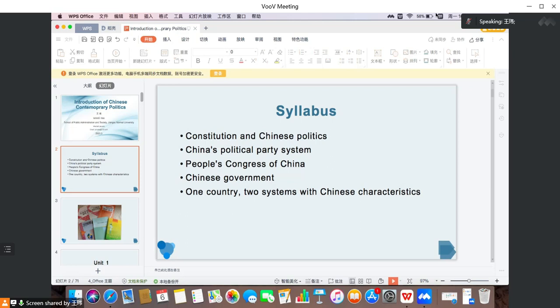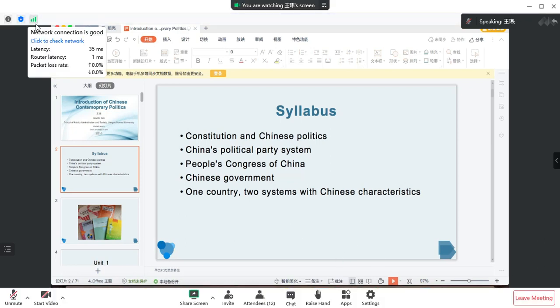Economic views. It's free market. Yeah, but it was a plan.